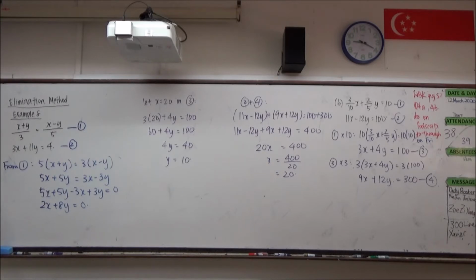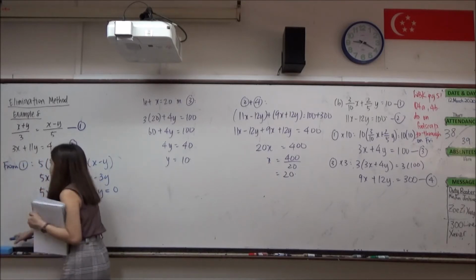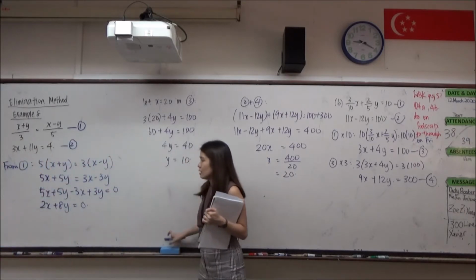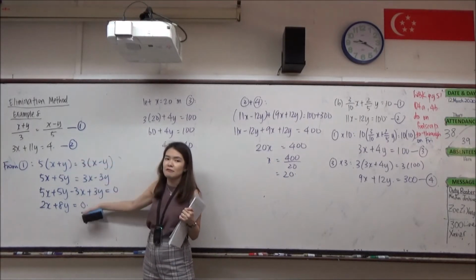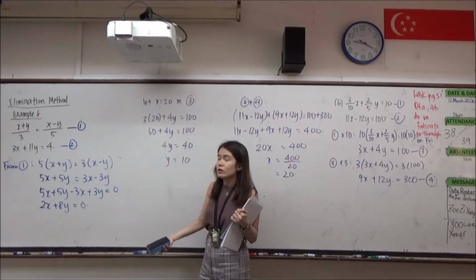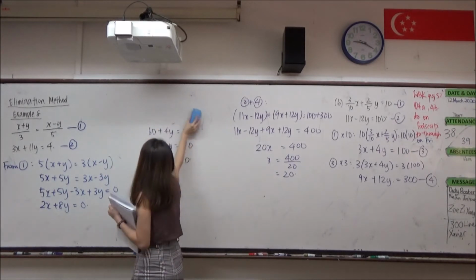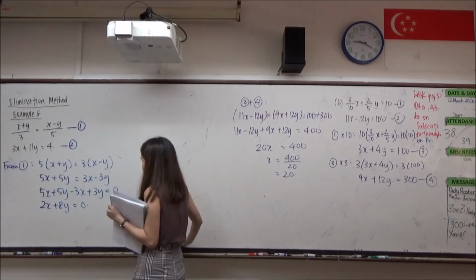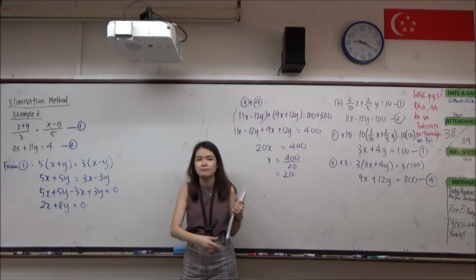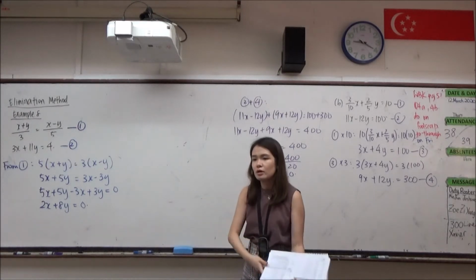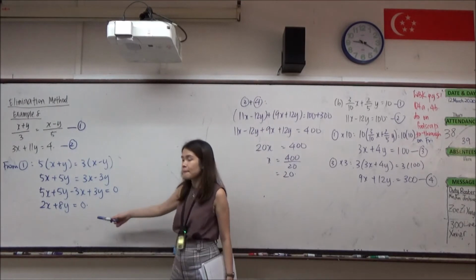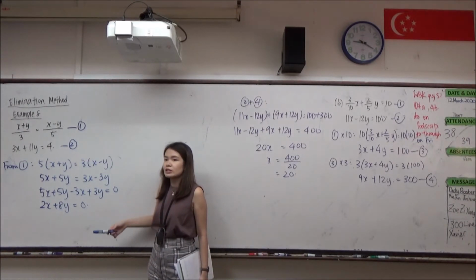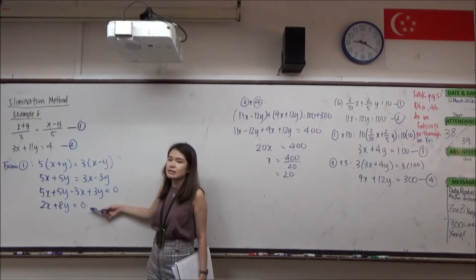Now with 2x plus 8y equals to 0, at this stage, is it helpful to do any form of elimination yet? No, right? So what do you suggest we continue to do to 2x plus 8y equals to 0? What will you suggest us to do, Nicole?